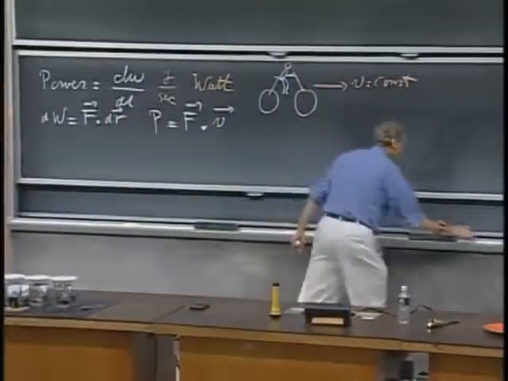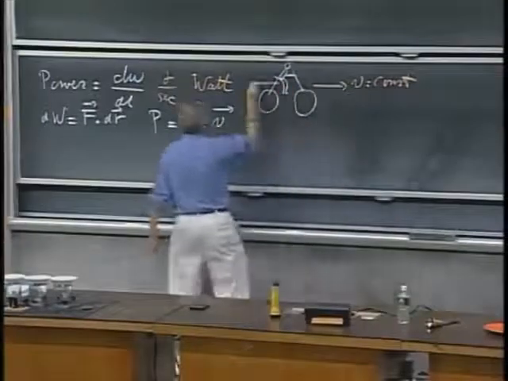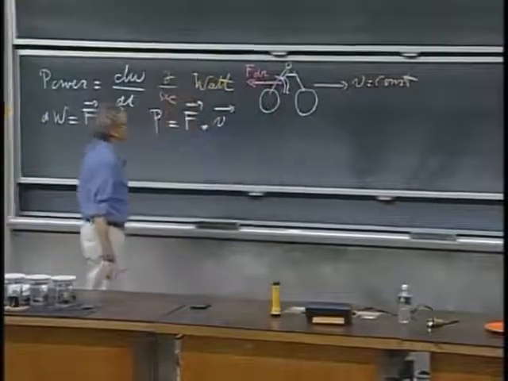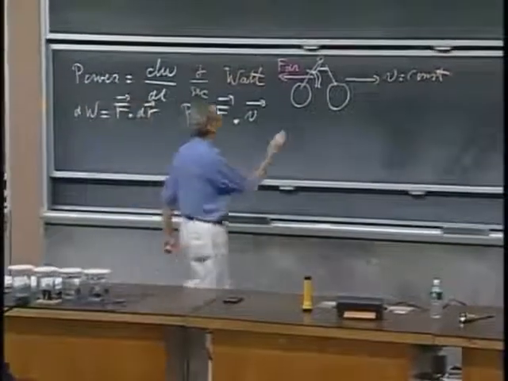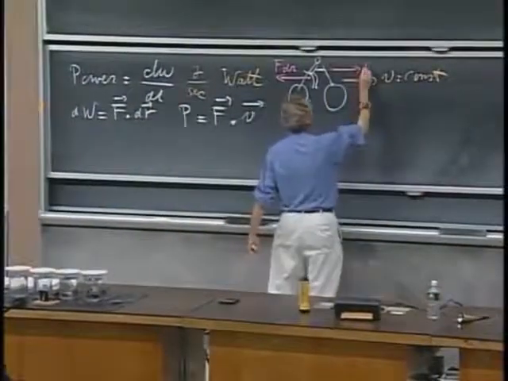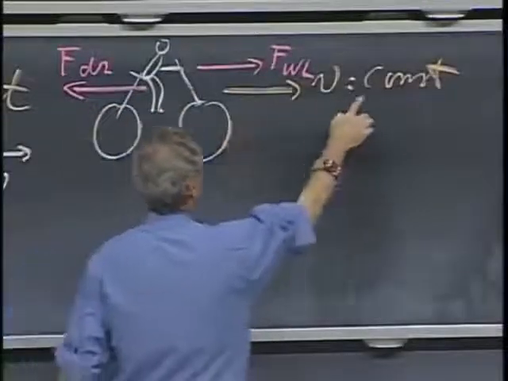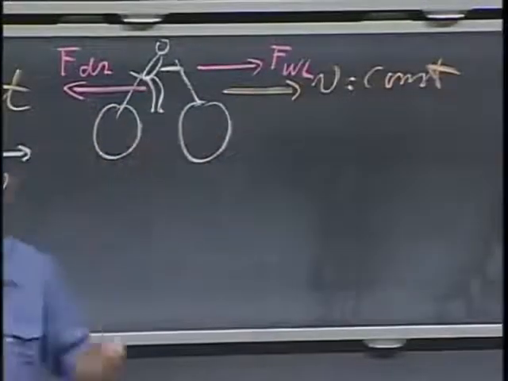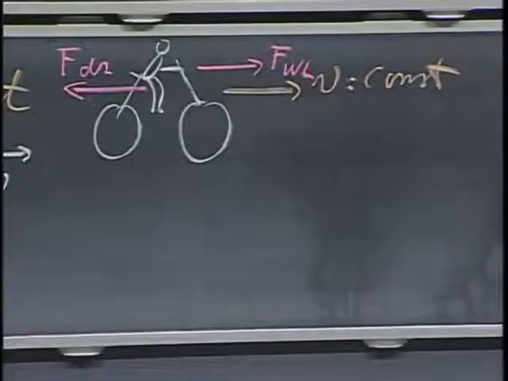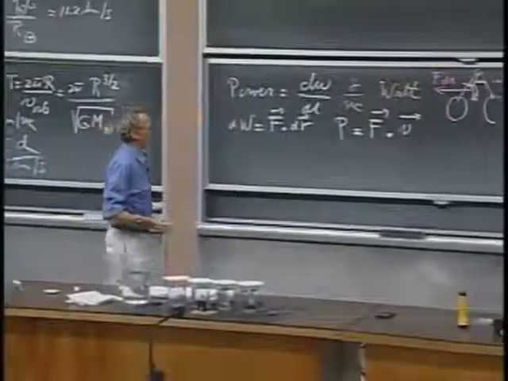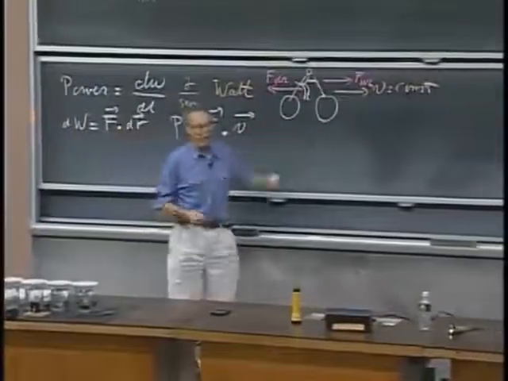The air drag acts like a force on me, F drag. And so somehow I, Walter Lewin, will have to come up with a force in this direction to overcome this drag so that the speed can be constant. Because if the net force is 0 on me, then of course I will have a constant velocity. No acceleration, no change in the velocity. How do I do that? Well, I push on the pedals.